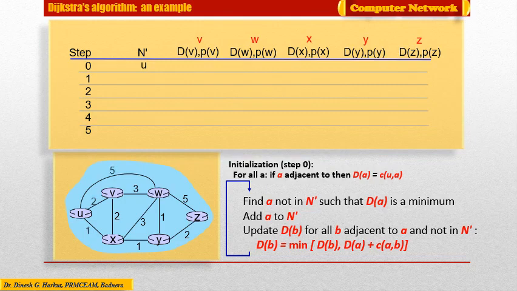Here the values 1, 2, and 5 are associated with the links UX, UV, and UW. We selected these three nodes V, X, and W because there is a direct link from U to W, U to V, and U to X.